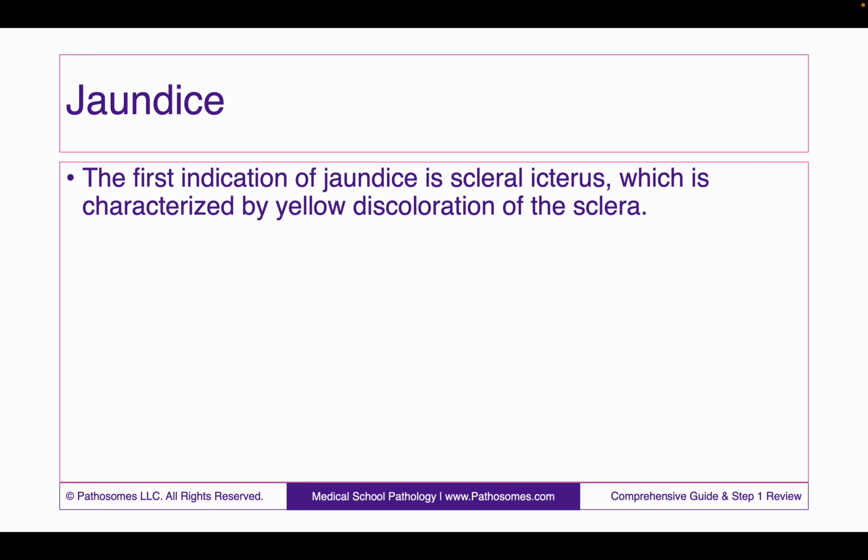Speaking of sclera, if the sclera were, let's say, blue in a child, what should be on the differential? Osteogenesis imperfecta, right? Expect them to have bone issues. But anyway, we're talking about jaundice. So patients with jaundice usually present with yellow discoloration of the sclera initially.